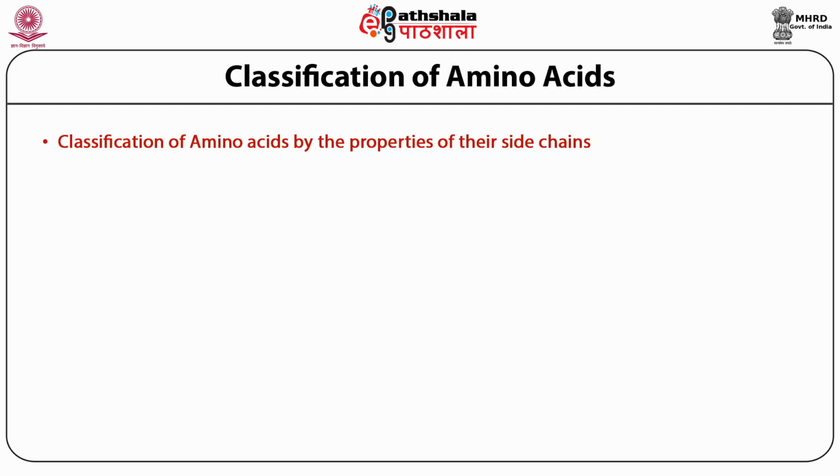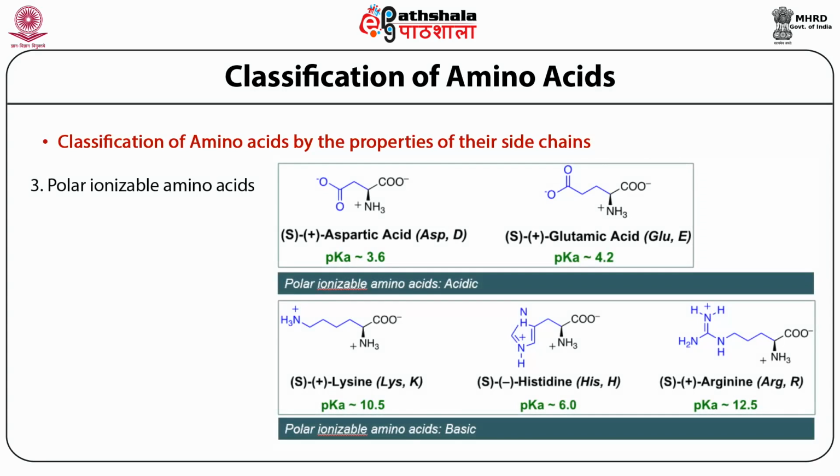Third category, amino acids with polar ionizable groups. These amino acids have polar and ionizable groups; either they can have a carboxylic acid group or an amino group, which are ionizable in nature.